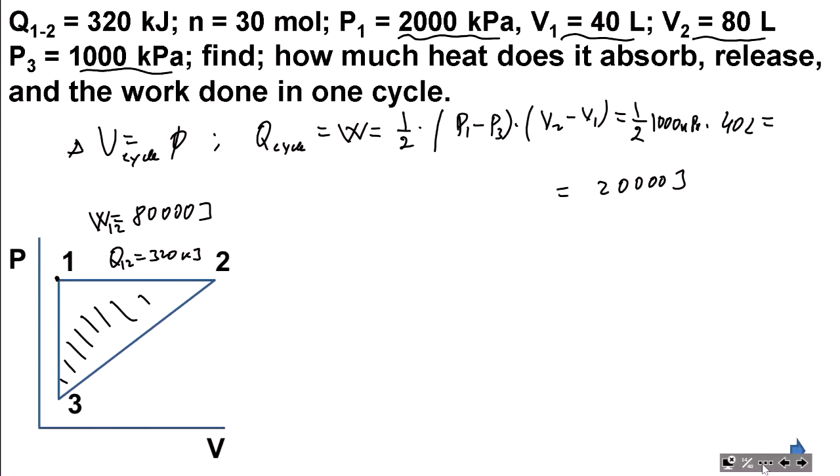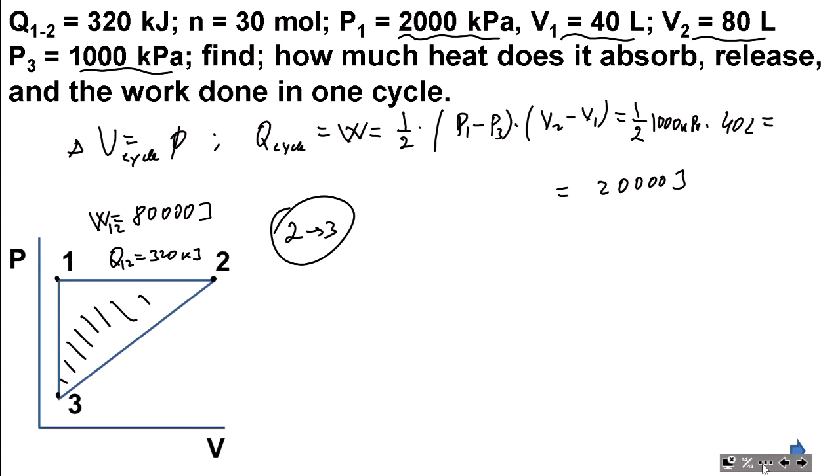Well, okay, let's do it. Process 2-3. We know the heat is supposed to be negative. Let's calculate it.